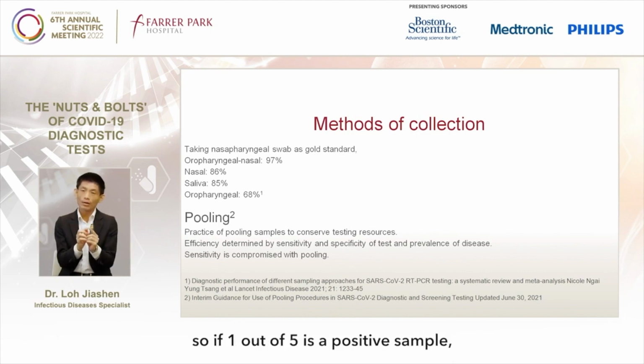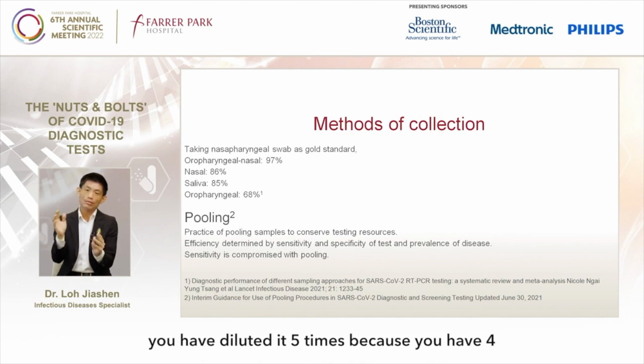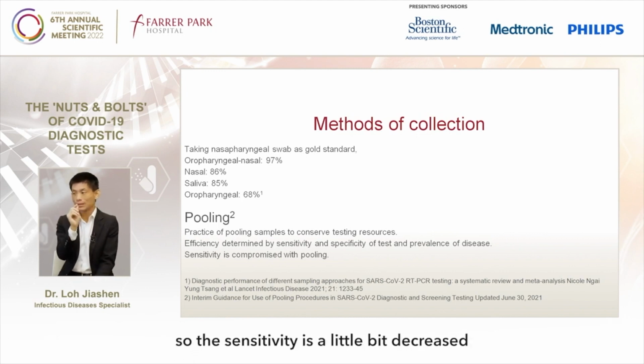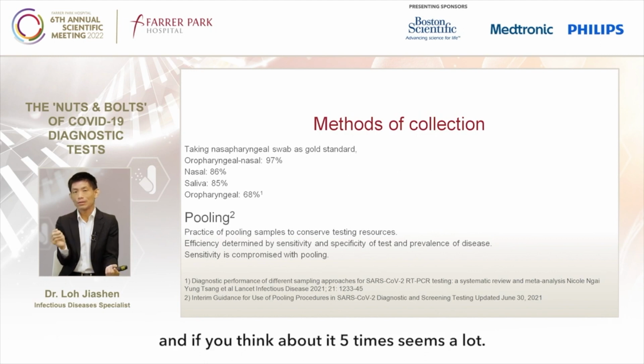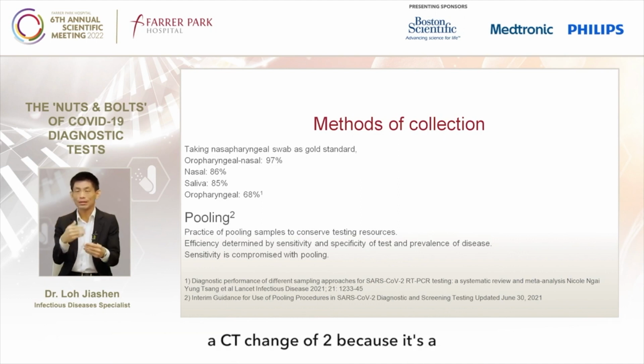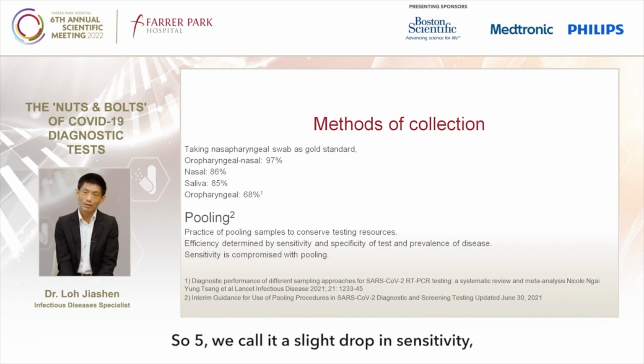So if 1 out of 5 is a positive sample, you have diluted it 5 times, because you have 4 negative samples diluting the original one. So the sensitivity is a little bit decreased. And if you think about it, 5 times seems a lot, but to a thermocycler, to the CT machine, 5 times is only a CT change of 2, because it's a logarithmic curve. So we call it a slight drop in sensitivity.